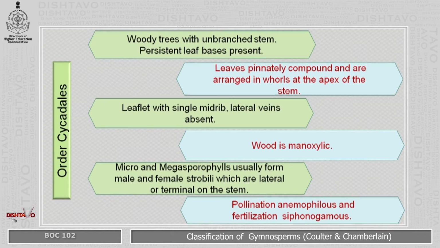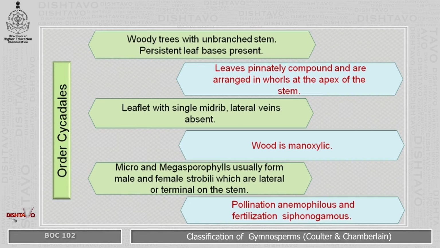These trees show pinnately compound leaves which are always arranged in whorls at the apex of the stem. The leaflets are with a single midrib and the lateral veins are absent. The wood that is present is manoxylic, meaning the wood is not compact, with less amount of xylem tracheids.